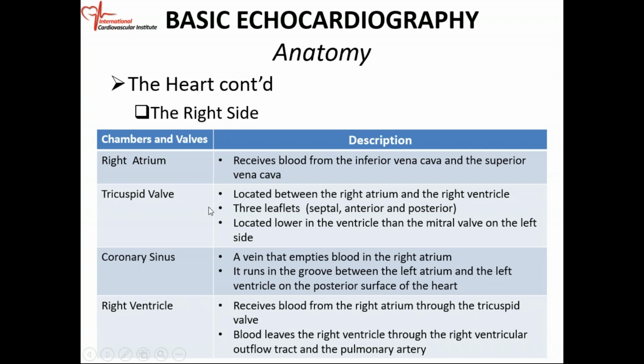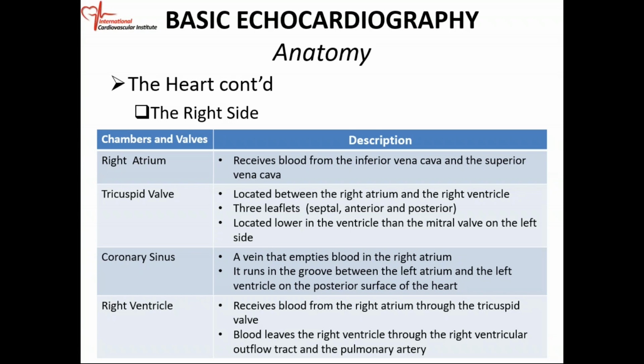One of the best ways to determine which side is right and which side is left is that the tricuspid valve is usually located lower in the ventricle than the mitral valve.